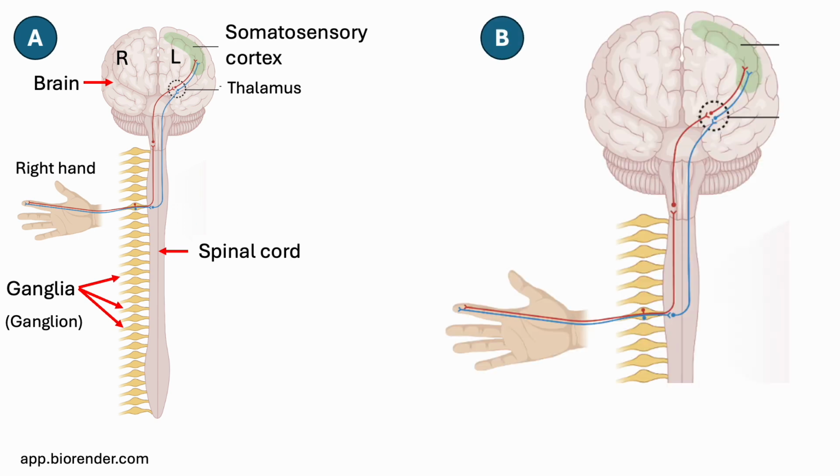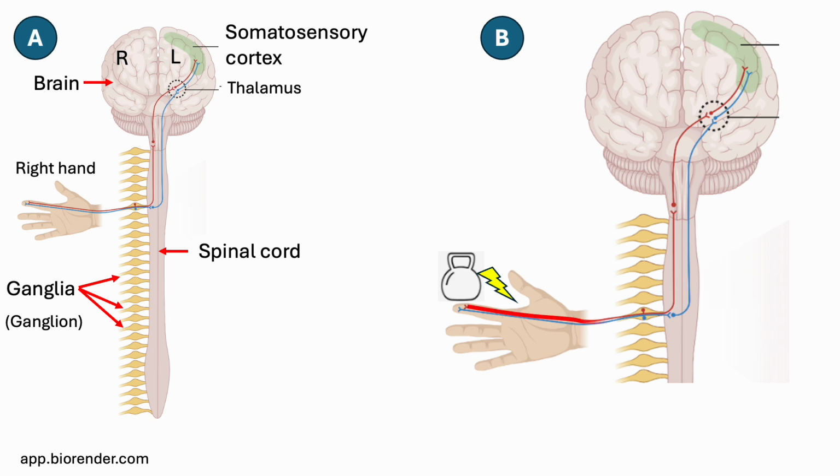In B, we see a close-up of the connections of the touch receptors on the right hand with the brain. When the finger comes in contact with something solid, touch receptors are activated and produce electrical signals.